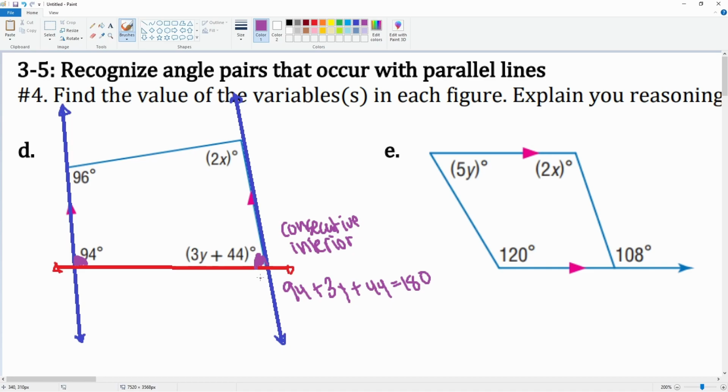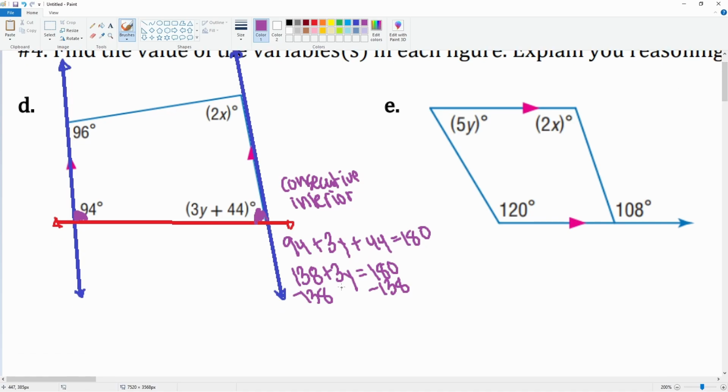We have 94 plus 44. That gets you 138 plus 3y is equal to 180. Subtract 138 from both sides. We get 180 minus 138 gets you 42. So 3y is equal to 42. Divide both sides by 3. You get y is equal to 14.